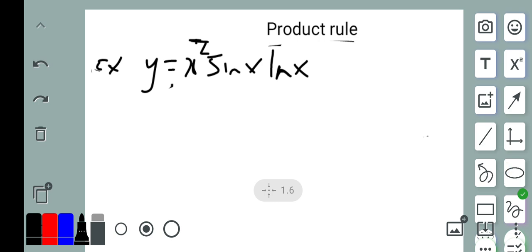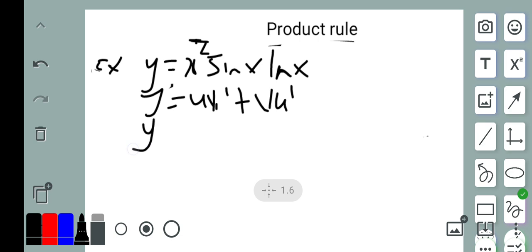Now, in the normal formula for the product rule, we have something like y prime equals u v prime plus v u prime. So what about when you have three different functions? There's another formula for that.